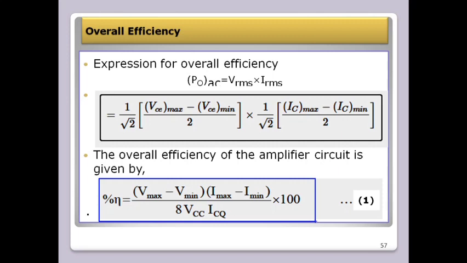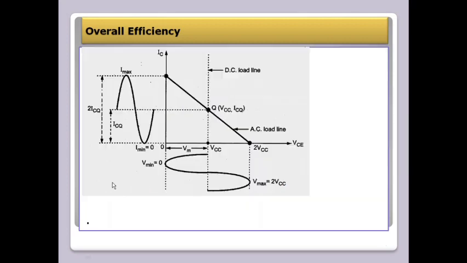So now we need to get the V maximum, V minimum, I maximum, I minimum, VCC, ICQ values so that I can calculate the percentage efficiency. From this figure, you can get I maximum, I minimum, and V maximum, V minimum. The I minimum and V minimum are zeros here.